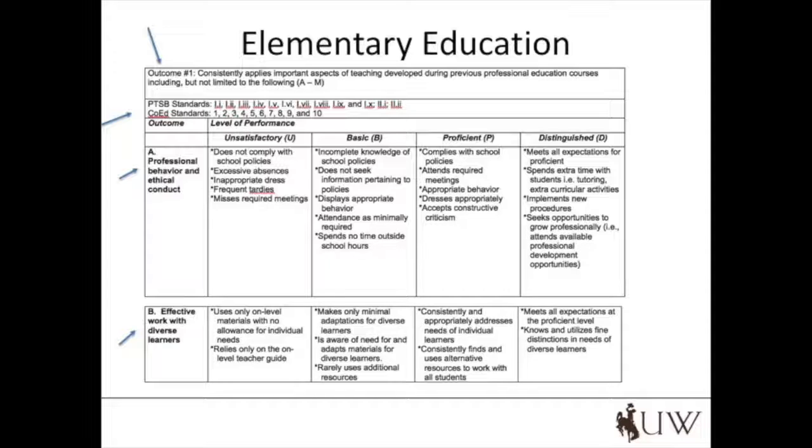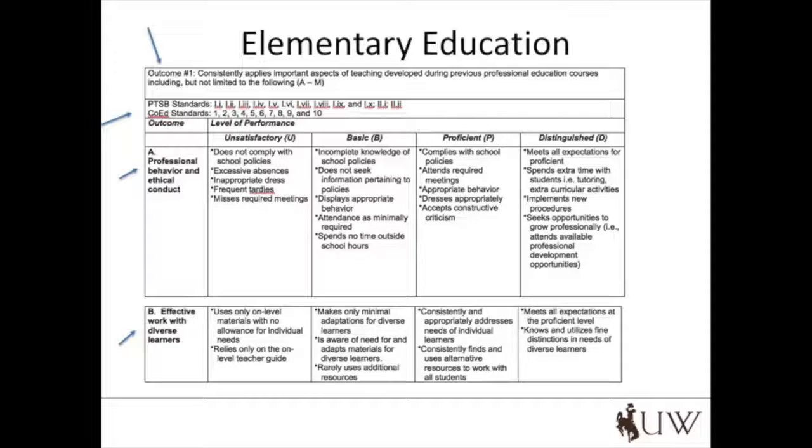This image shows a small portion of the paper version of the Elementary Education Program rubric. The version of the rubric in LiveText contains the same information, but in an online format. The arrow at the top is pointing to the broad outcome, which is consistently applies important aspects of teaching developed during previous professional education courses.